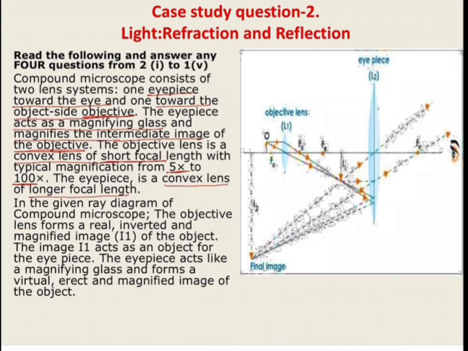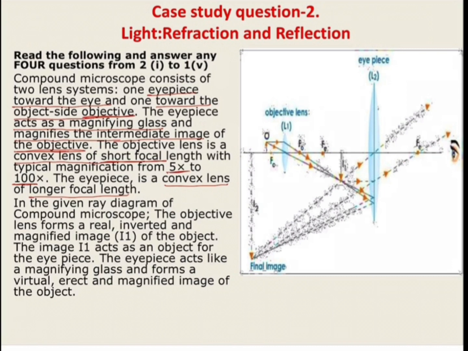In the given ray diagram of the compound microscope, the objective lens forms a real inverted and magnified image I1 of the object. The image I1 acts as an object for the eyepiece. The eyepiece acts like a magnifying glass and forms a virtual erect and magnified image of the object.